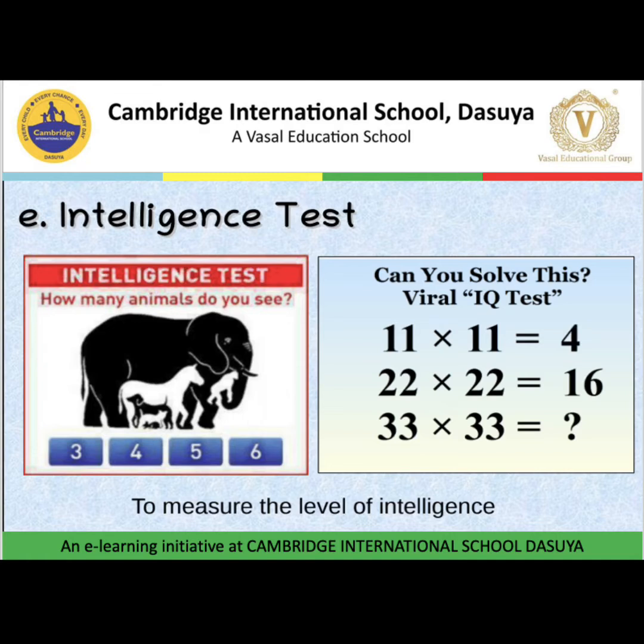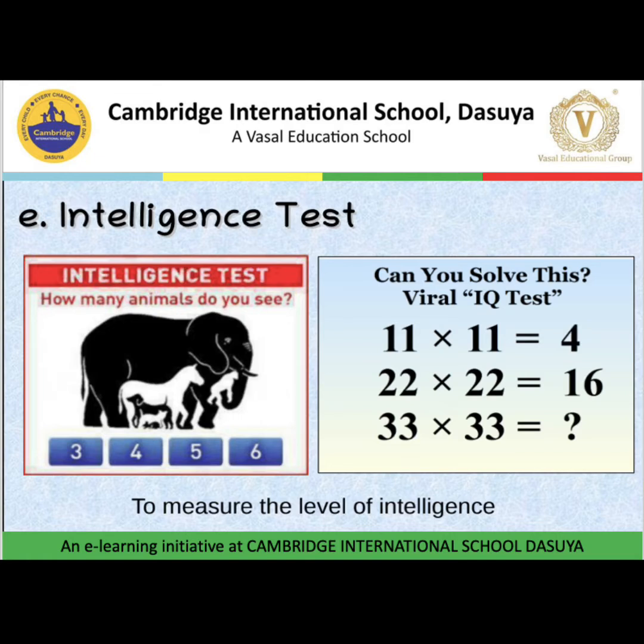Now, our last test, which will be conducted under selection test, that is intelligence test. It is performed to measure the level of intelligence. Students, you can see in this image two types of intelligence tests are there. How many animals do you see? 3, 4, 5 or 6?